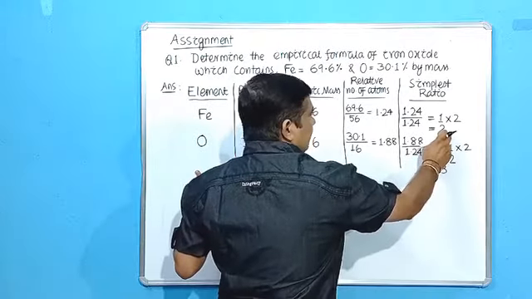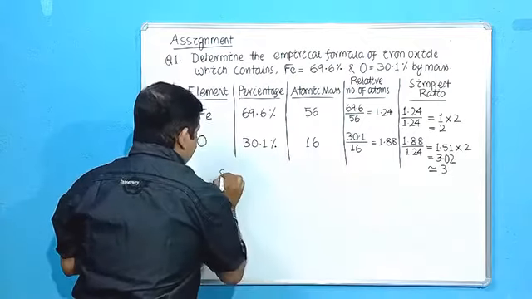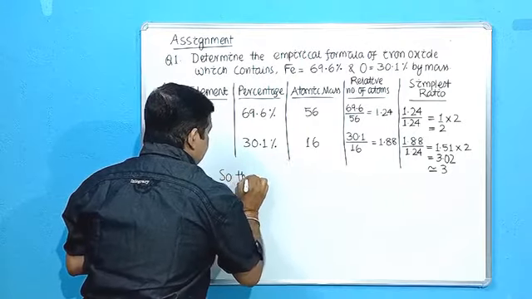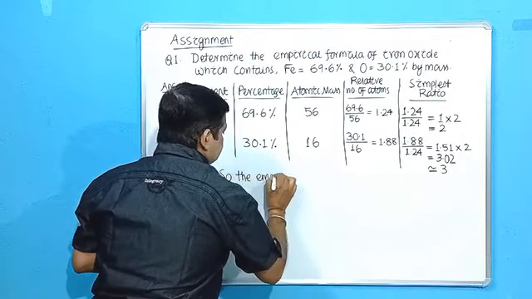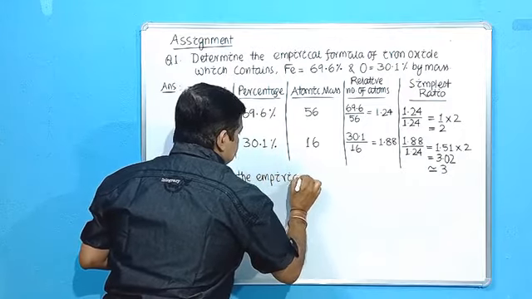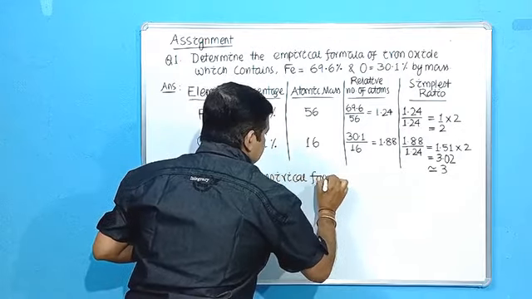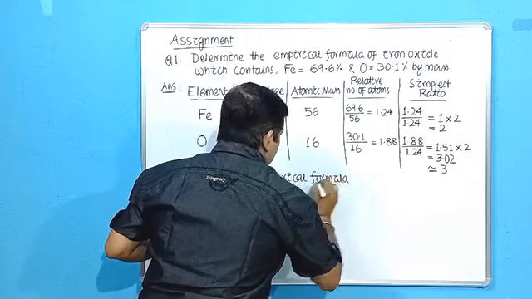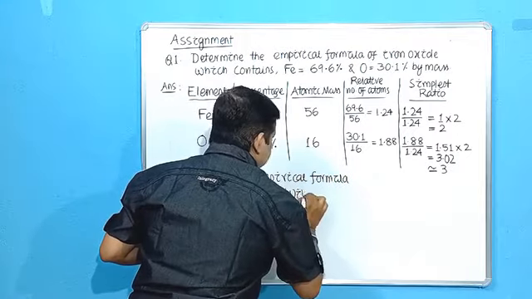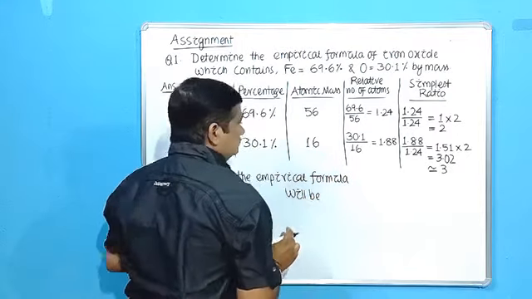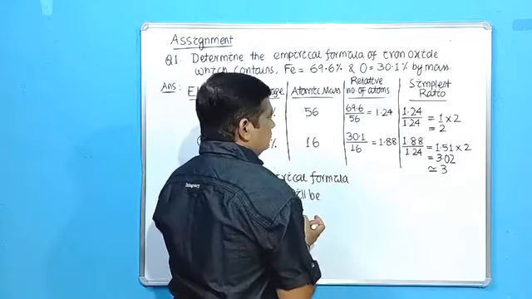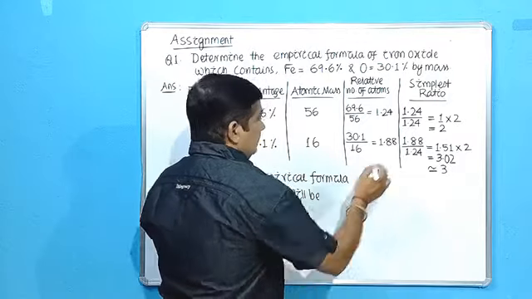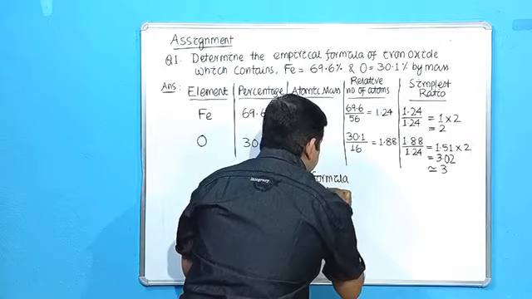Oxygen 3, iron 2. So the empirical formula will be Fe2O3.